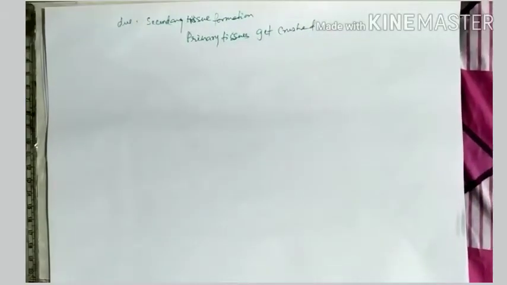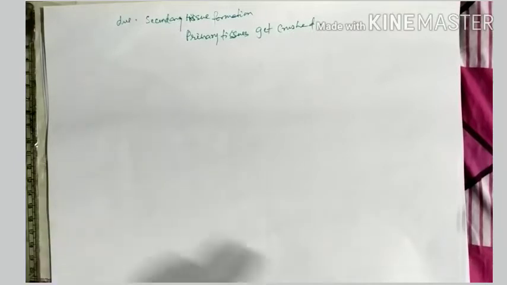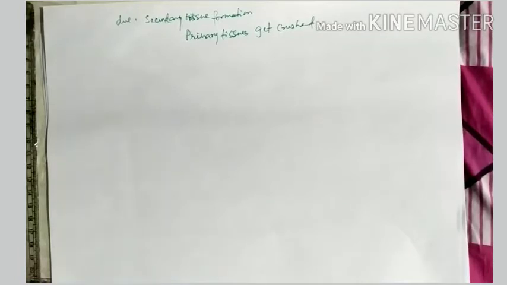Why? Because there is limited space in the plant stem, and the new cells cut by the secondary growth have to be accommodated in that limited space. Therefore, due to the pressure generated, the primary tissues get crushed.